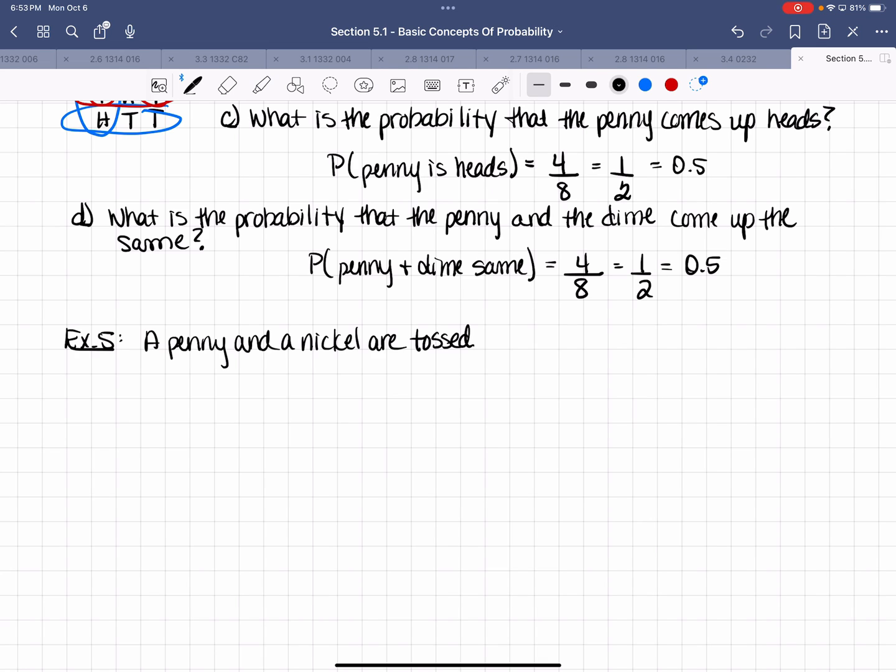Each is a fair coin, which means that heads and tails are equally likely.